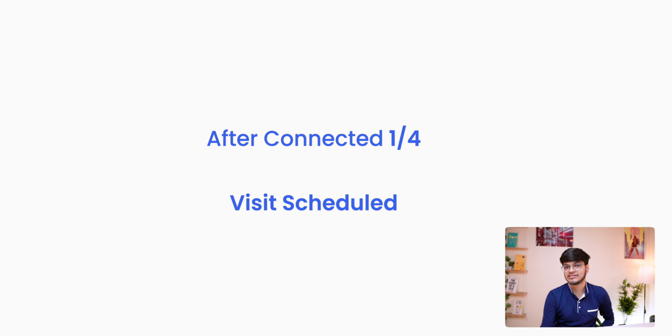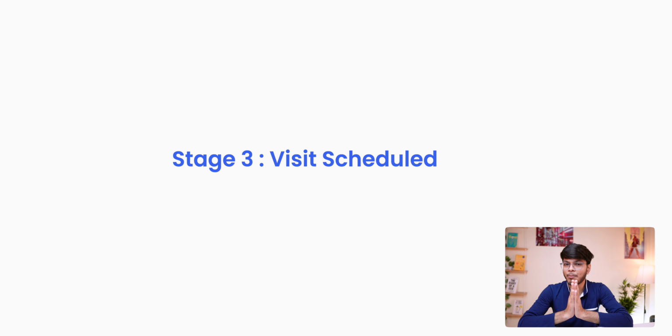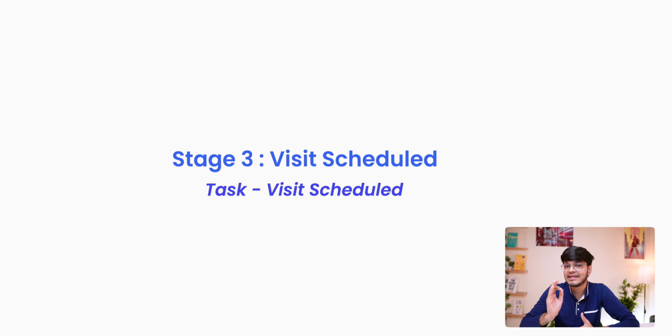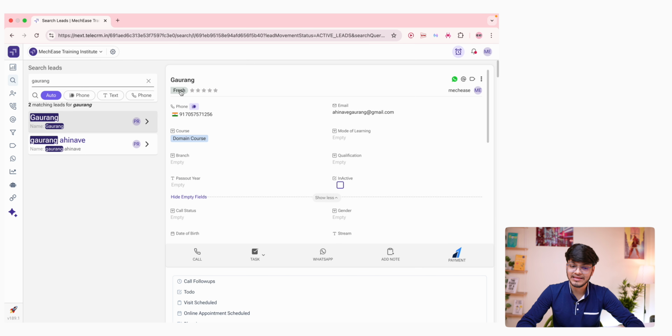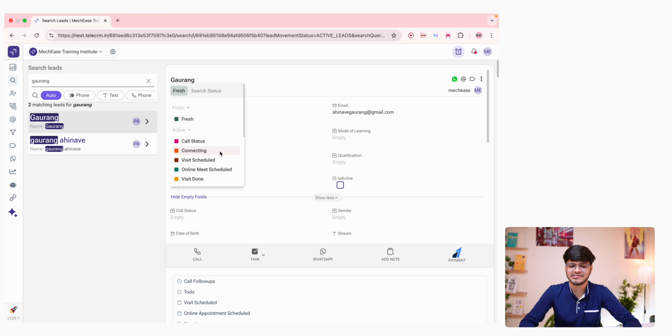If a student says they will visit the institute, we move the lead to the stage called visit scheduled. Now here is the most important thing to understand. Whenever you schedule a visit, you must create a task. Let's try to do that with this lead. Let's say Gaurang here says he'll visit the institute.